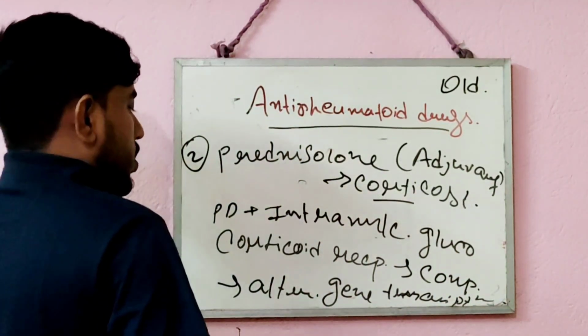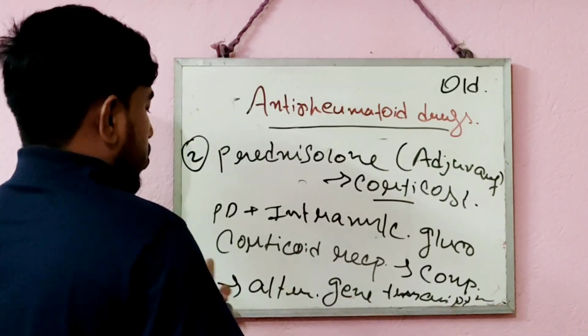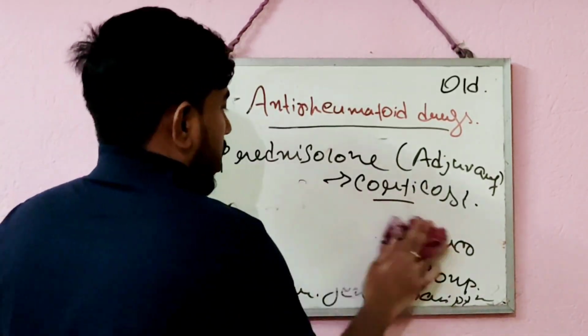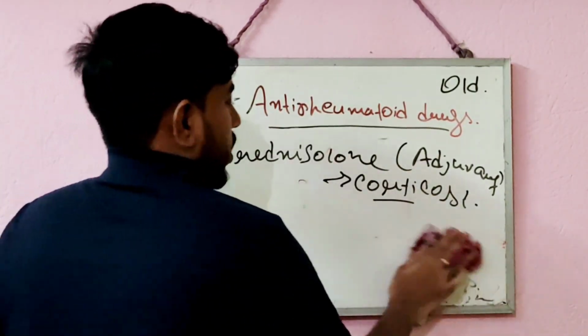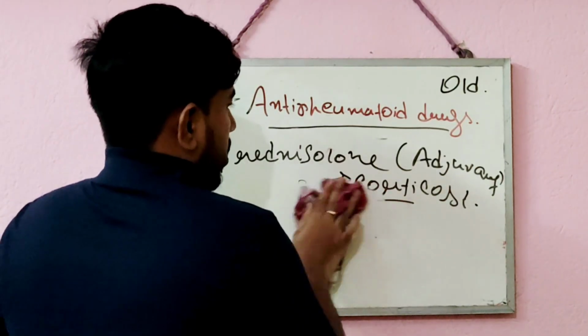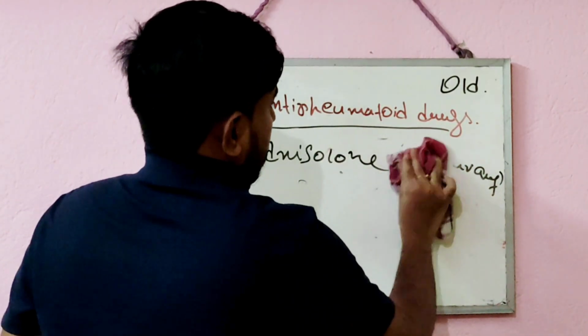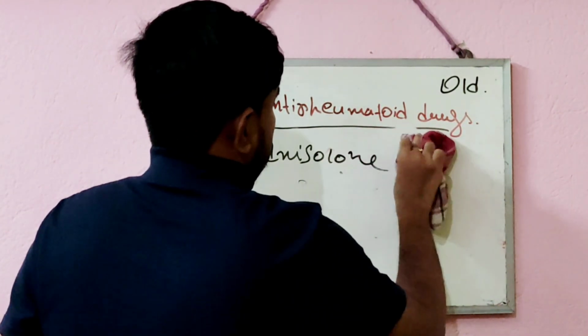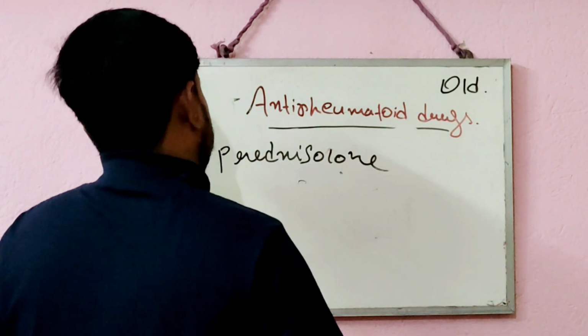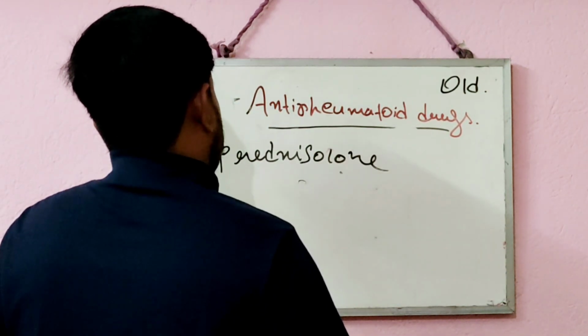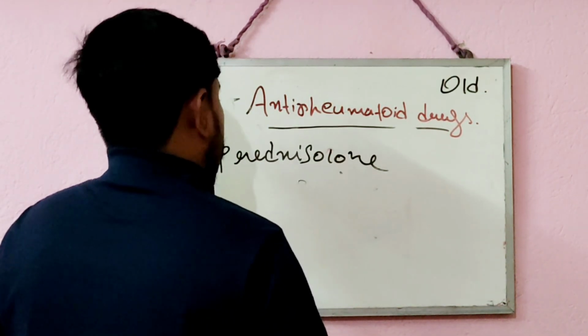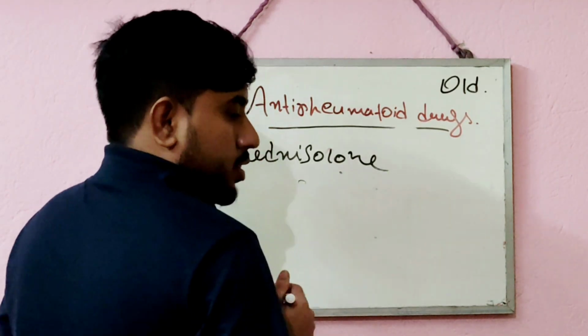So how does prednisolone show its action? It shows its action by binding with the intracellular corticosteroid or glucocorticoid receptor, and by forming a complex it is going to alter the gene transcription.